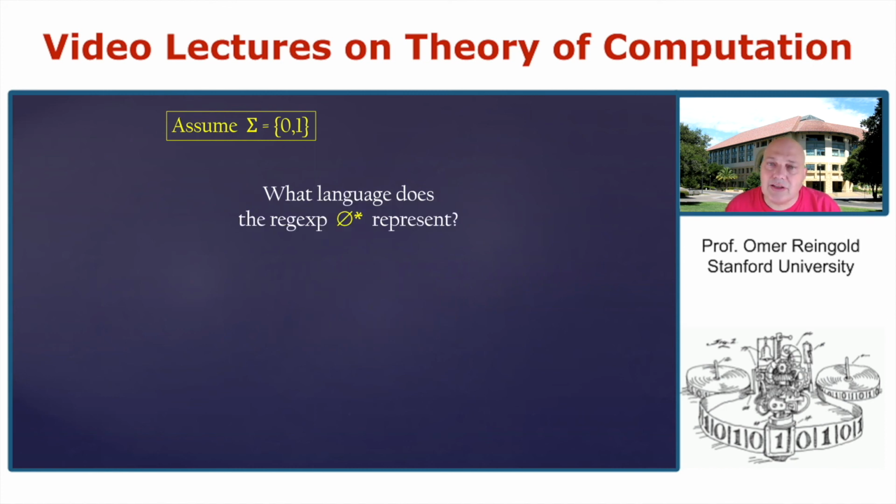So what language does the regular expression empty set star represent? Slightly tricky, but this represents the language that contains only the empty string. Because, as we said, the empty string is part of any language star. It means that you can take strings that are a concatenation of 0 or more elements of the language.